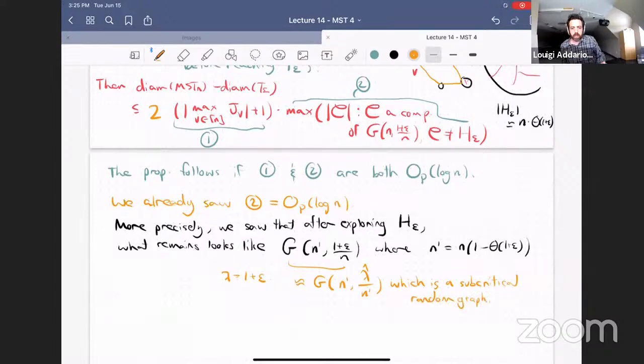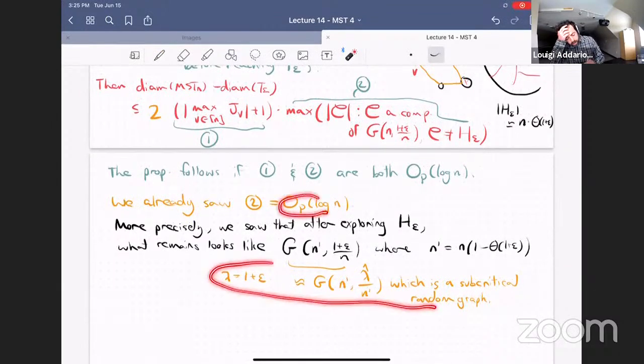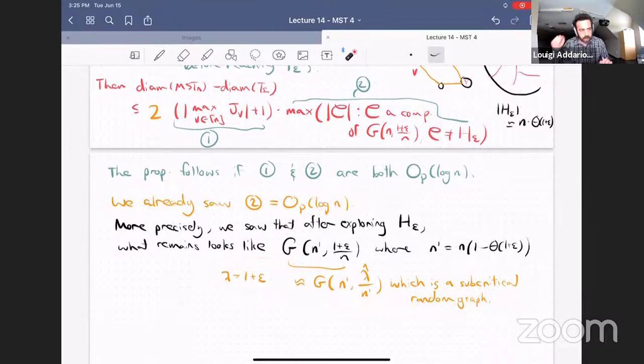So that's one way to see that the other components are all logarithmic in size.